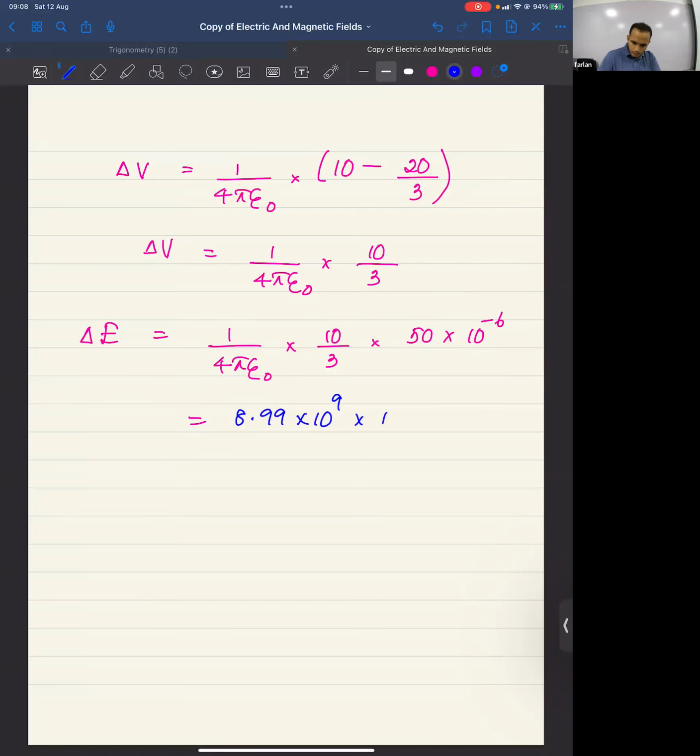Into 10 over 3 into 50 into 10 to the power minus 6. That will be 1.50 into 10 to the power 6 joules. Is that okay? Have you got this answer? Yes or no?